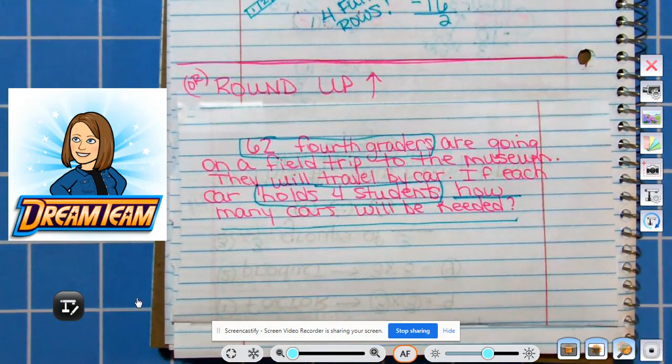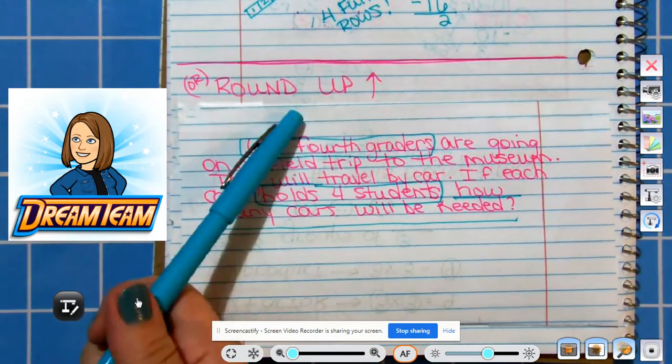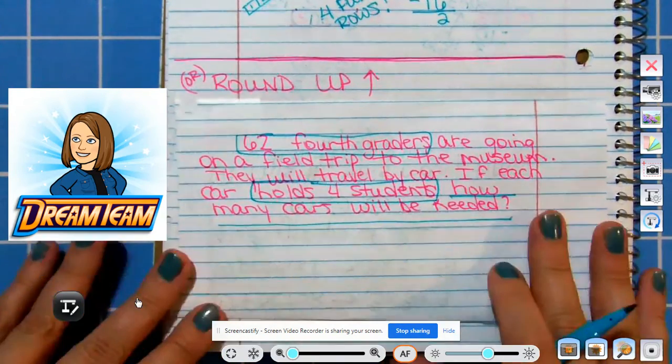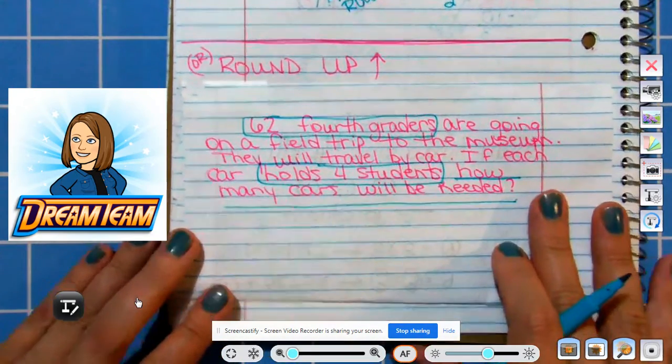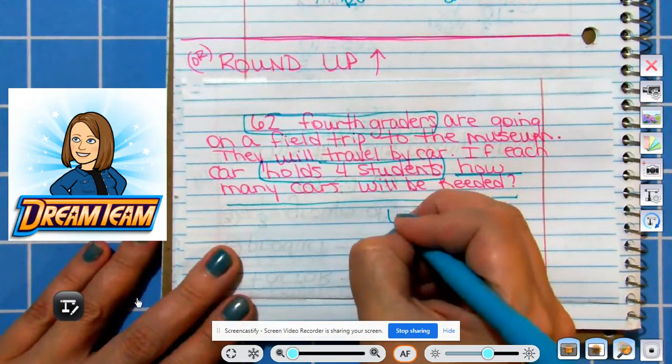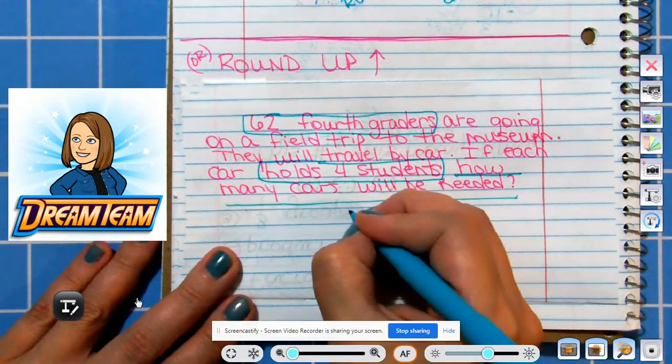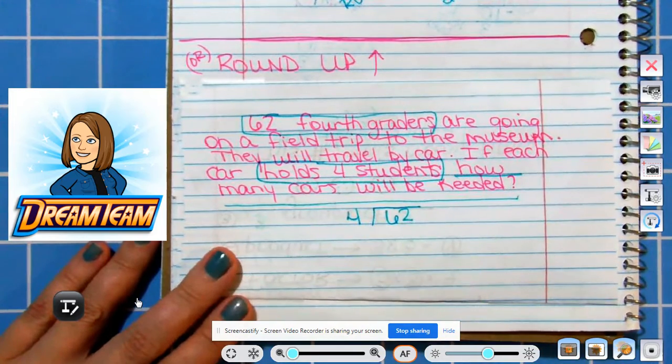Hopefully we're not going to leave anybody behind and say you can't go to the museum because we don't have room for you. So this is one where we're going to have to round up to make sure we have enough cars to take all 62 of the fourth graders. So 62, and they're going to be traveling in groups of 4.